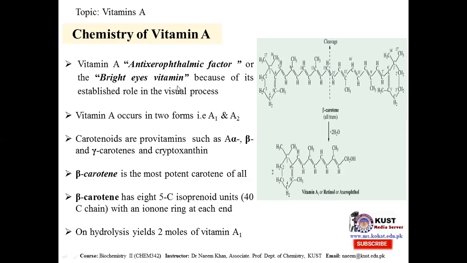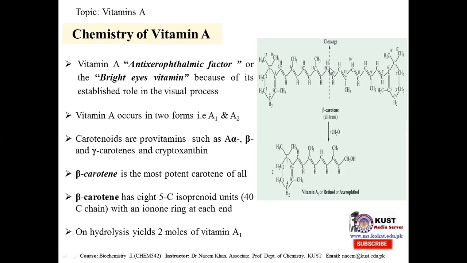So vitamin A, basically vitamin A1 and vitamin A2. There are carotenoids, alpha, beta, gamma, or cryptoxanthin, which are the provitamin forms of vitamin A. Beta carotene is the most potent form, having five carbon isoprenoid units, eight in number, held together with beta ionone rings at the two ends.